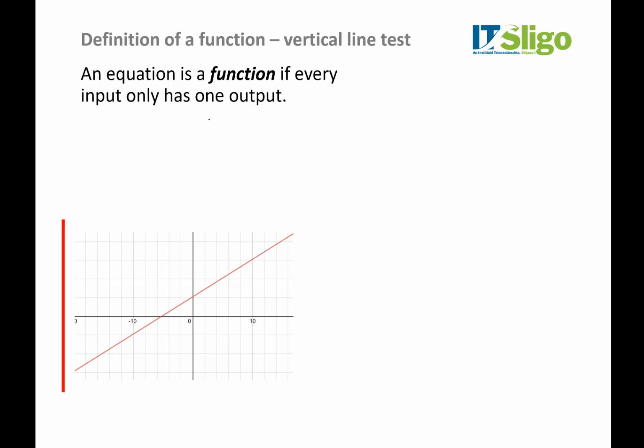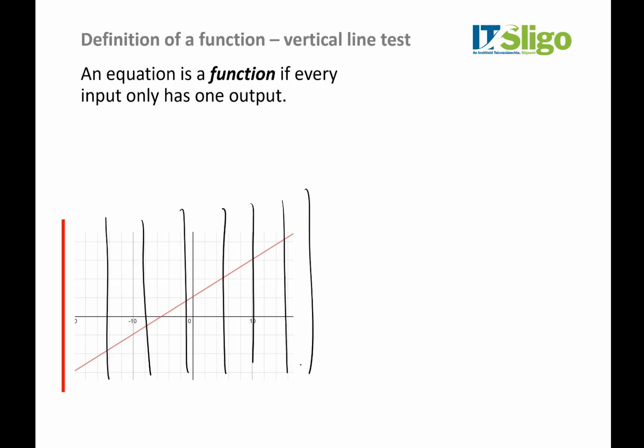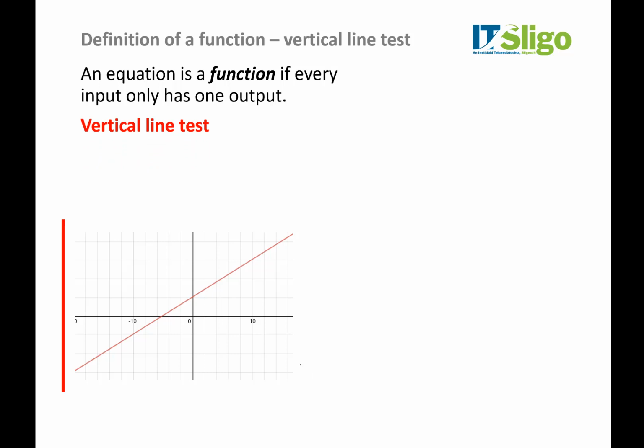What this means, guys, is if we drew a vertical line anywhere on my curve, the curve would only cut the vertical line once. This is what verifies whether an equation is a function.